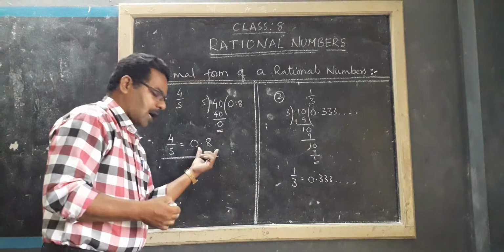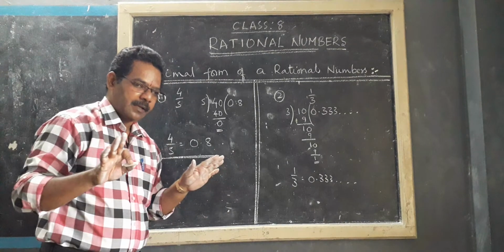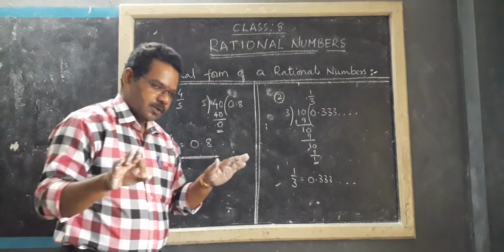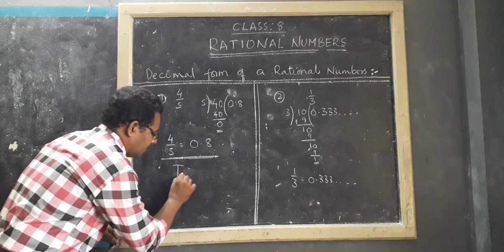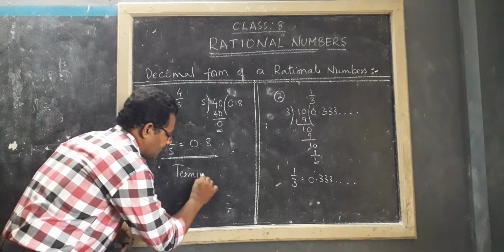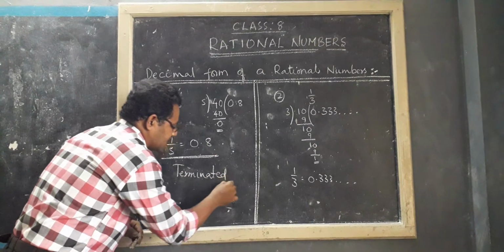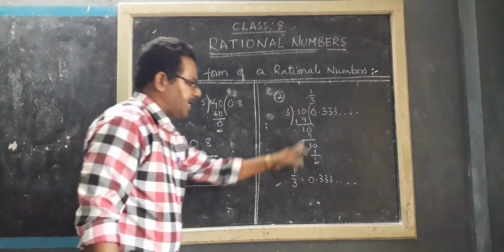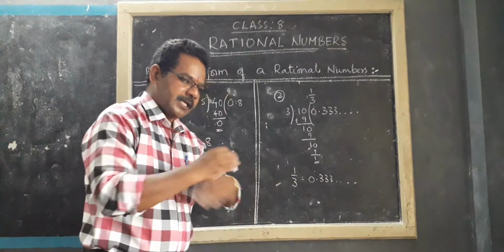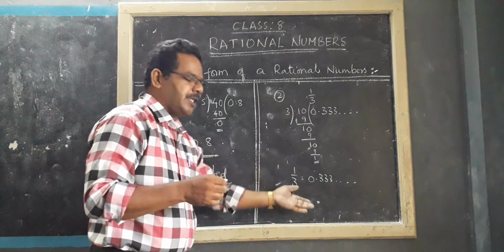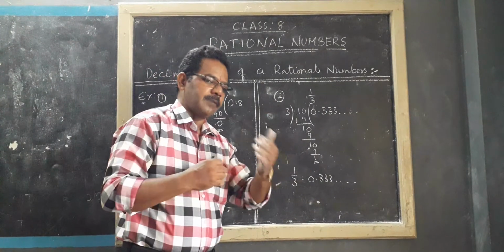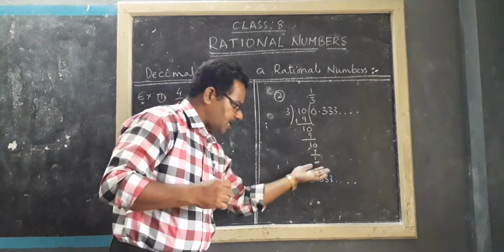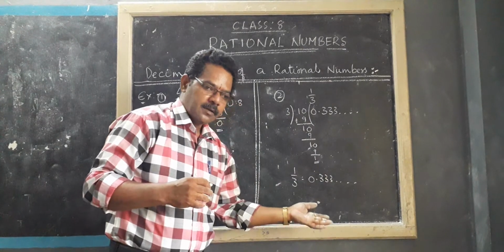Here it stopped. Stopped means not repeating, it was closed. That we can also call terminated. The division is terminated. And here the division is not terminated. It is continued. If you do this hundreds or thousands of times, again you will get 1 as a remainder.